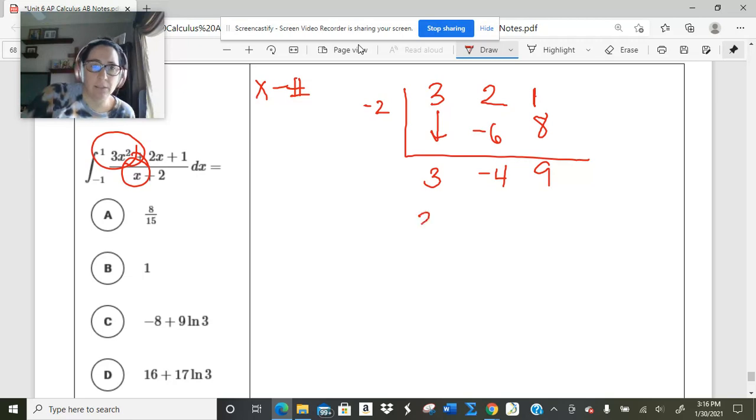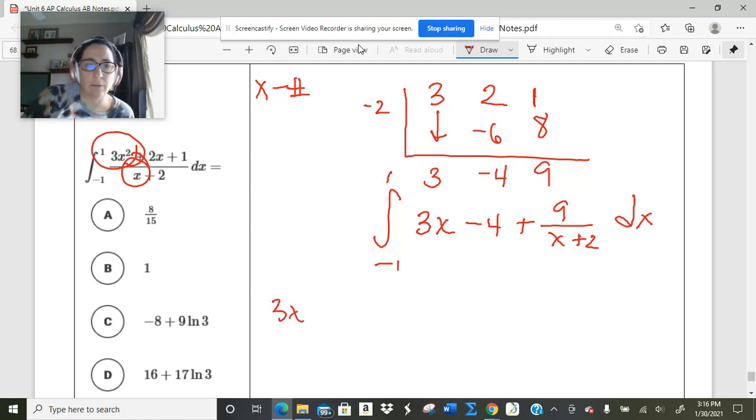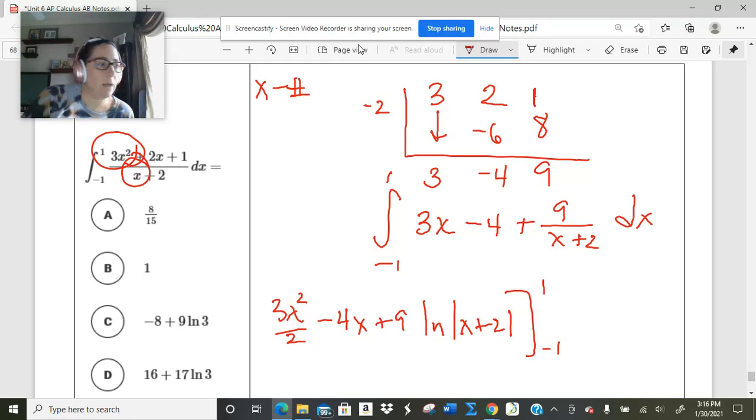So now this is 3x minus 4 plus 9 over the x plus 2 in our integral. Go ahead and take the antiderivative. Evaluate from -1 to 1 and see if you get C.